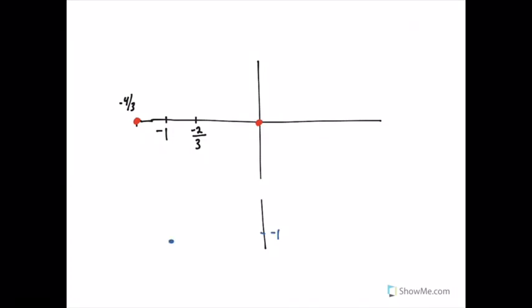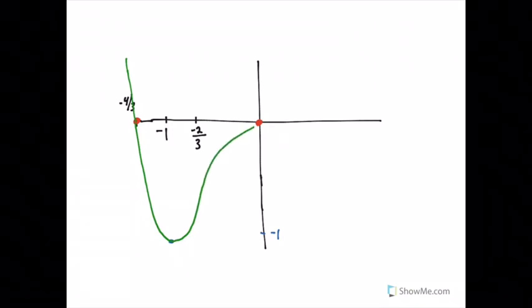We have a local min at -1, -1. And we know it's going to change concavity here. This is going to look like this. Concave up, shift to concave down, back to concave up.